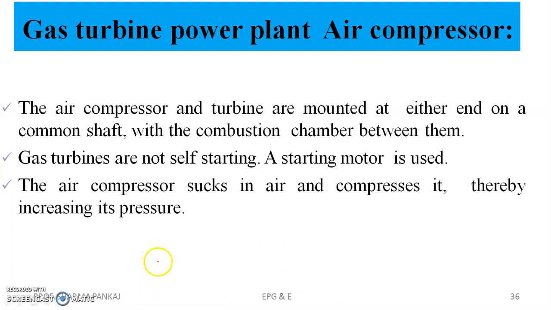This is the gas turbine power plant air compressor. The air compressor and turbine are mounted at either end of a common shaft, as seen in the diagram, with the combustion chamber between them.